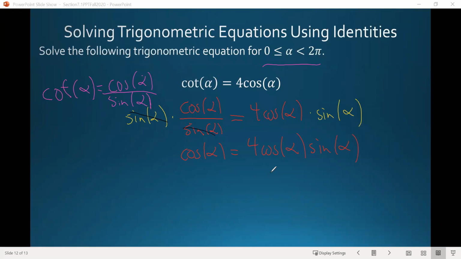And I'll tell you, in this case, it would be really tempting to divide both sides by cosine of alpha so that the cosine of alphas all disappear and we're just left with answers in terms of sine. However, I'll tell you right now, we do not want to do that because that will actually get rid of some of our solutions. Okay, so what are we going to do instead?